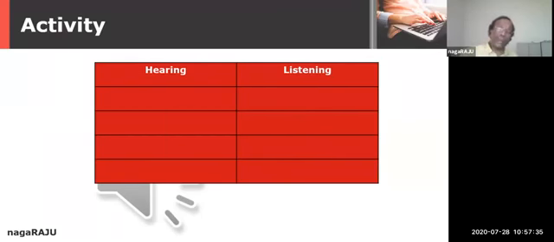Whether you are going to play a song or a dialogue or whatever in your class, never begin without a task. So what is the procedure? First, give a task, then play the audio. Third, check whether the task has been fulfilled or not. And if necessary, play the audio a second time, a third time, a fourth time, a fifth time, till your students become a little more proficient in that.